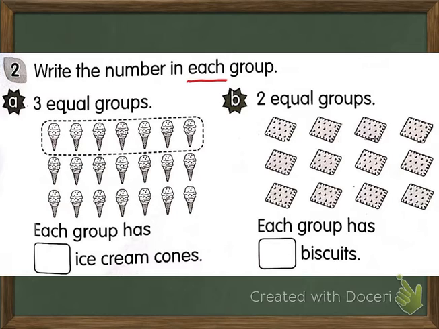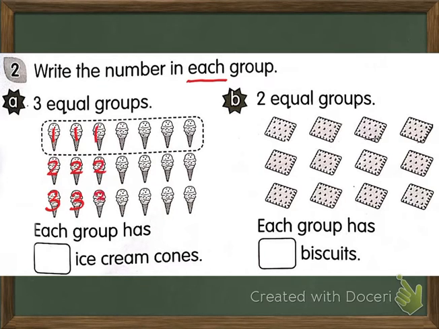You have to divide all the ice creams into 3 equal groups. How do you make it? It is like this. 1, 2, 3. 3 equal groups. 1, 2, 3.